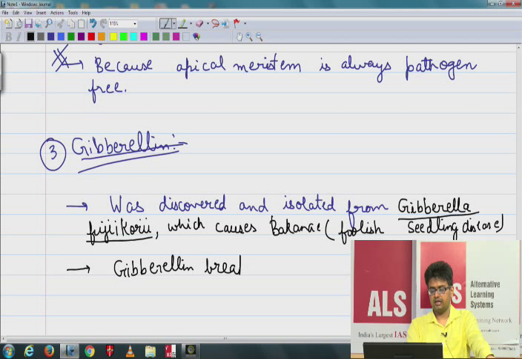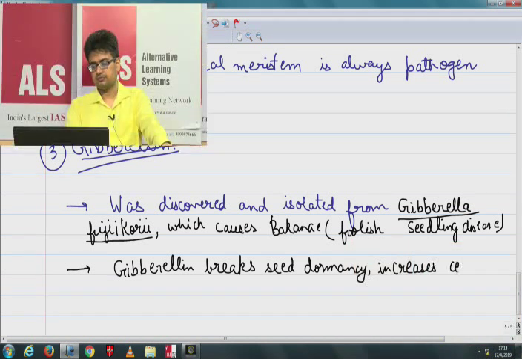Breaks seed dormancy. Increases cell metabolism.